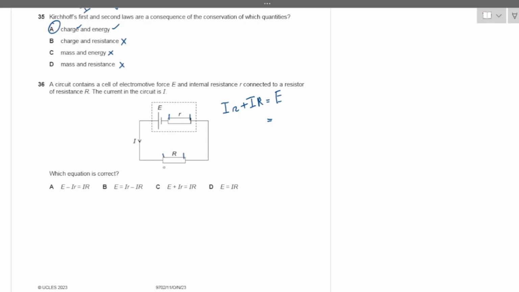Over here, we can see which one best fits. So let's look at the first one. E equals minus Ir equals IR. Let's see it this way: E is equal to IR plus Ir, and moving Ir over, it is indeed E minus Ir equals IR, capital R. So that is correct. Option A is correct. So the equation for this is option A.